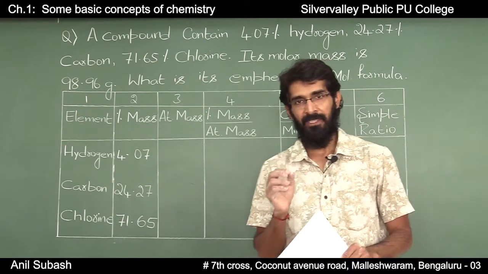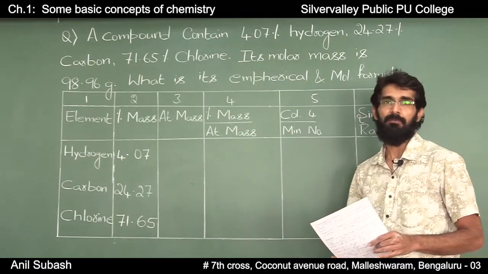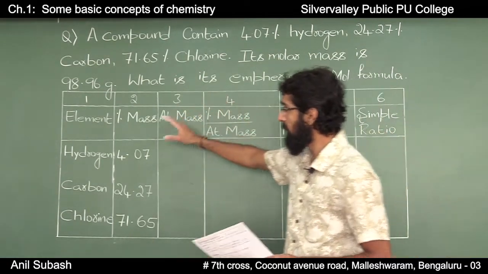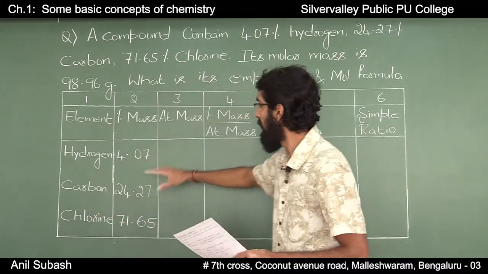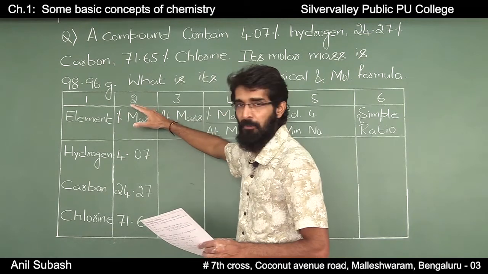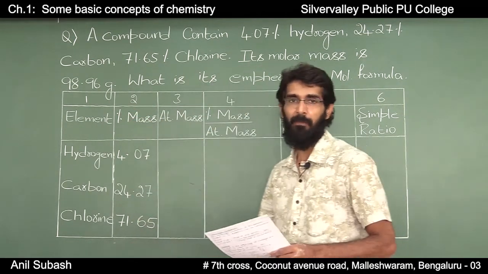To work out such kind of problems, you are supposed to prepare a table. In the first column, you are supposed to write the name of the element. Second column, you are supposed to write the percentage masses of this element.